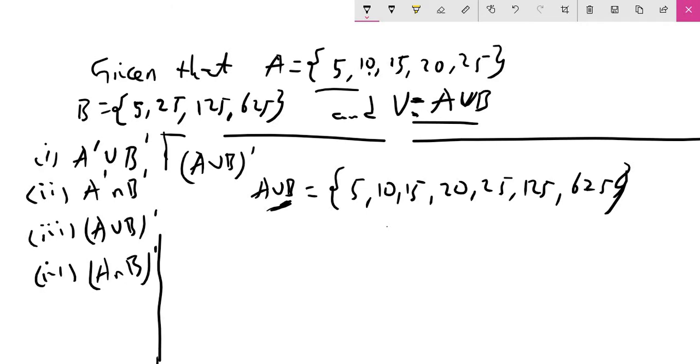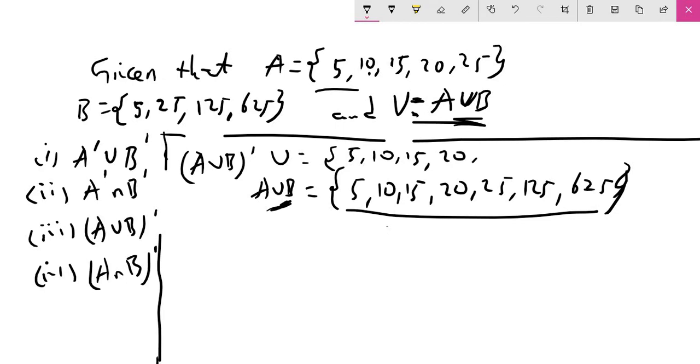The complement of this, remember this is actually the universal set. The complement of that, meaning the elements that are not within the set but found in the universal set. And remember that the universal set is the same exact thing. The question said the universal set is A union B. So if we were to list it out, it will contain the same exact elements, like so.